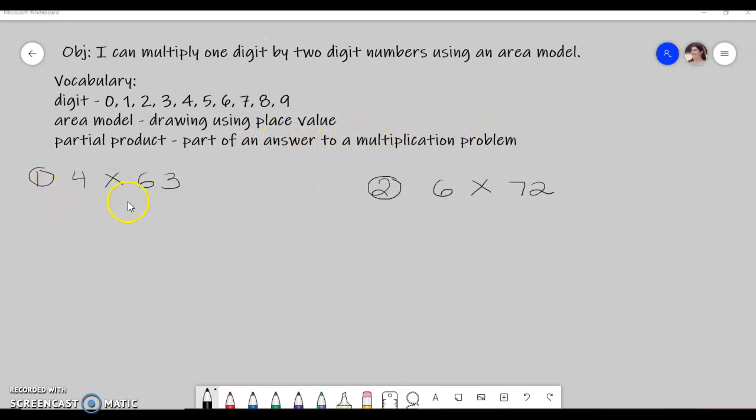So here for number 1, I have 4 times 63. Okay, so first we need to look at how many digits we have here. We have 2 digits that we're multiplying by. So since we have 2 digits we're multiplying by, we're going to draw 2 boxes.